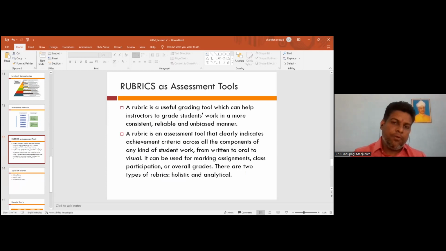So that's what a rubric is, a grading tool, especially when we have so many assignments, every unit one assignment. If we give a rubric to the students, they will understand the rubric and try to perform the assignment very well based on the rubric.